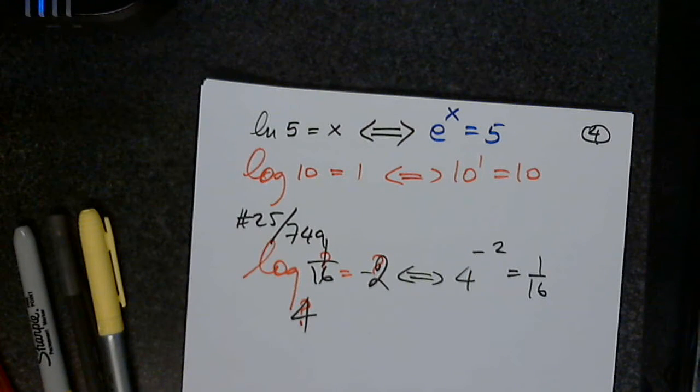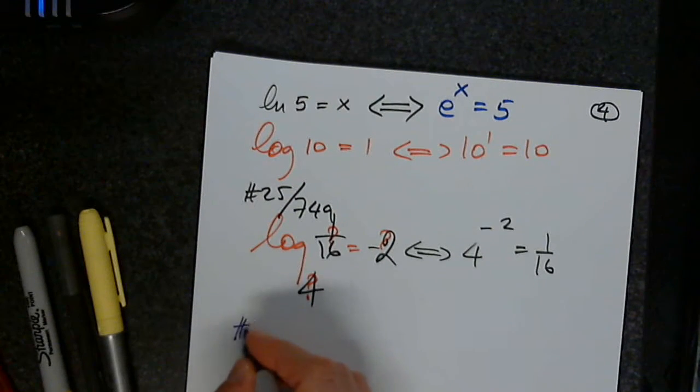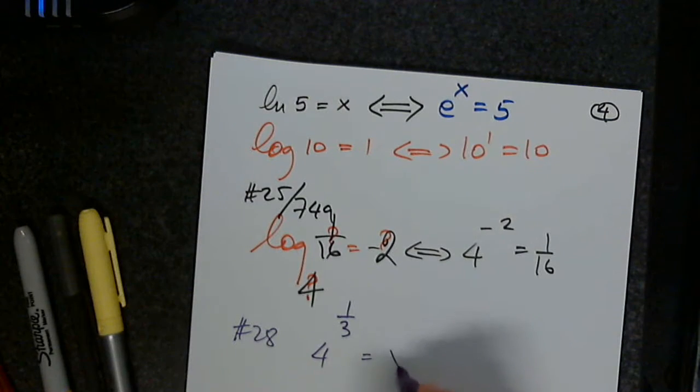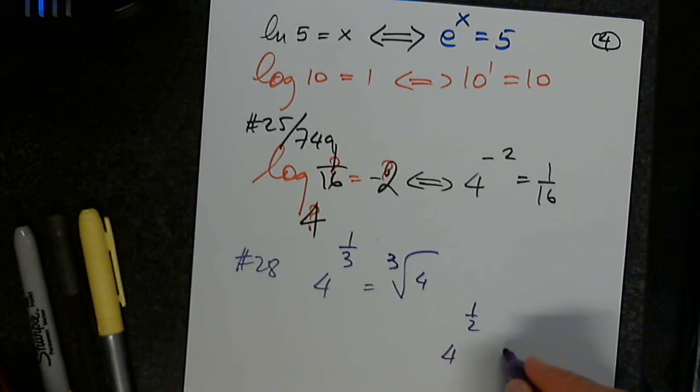Okay, next problem. Let's say 28. 4 raised to 1/3 equals the cube root of 4. I said I'm going to write it to the right, and I didn't. Sorry about that.